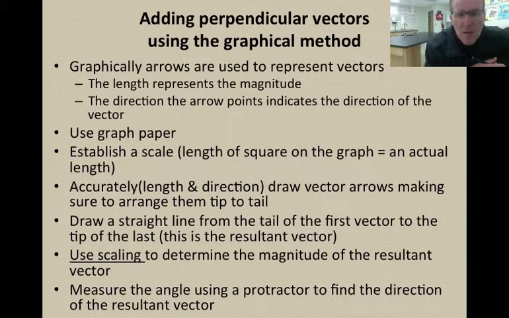The first item on that list is basically the rules of how you represent vectors on graph paper. The length of the line of your arrow is going to represent the magnitude of our vector. And the direction that the arrow is pointing is the direction of the vector. So go ahead and pause the video and write these down, and then we'll get started.